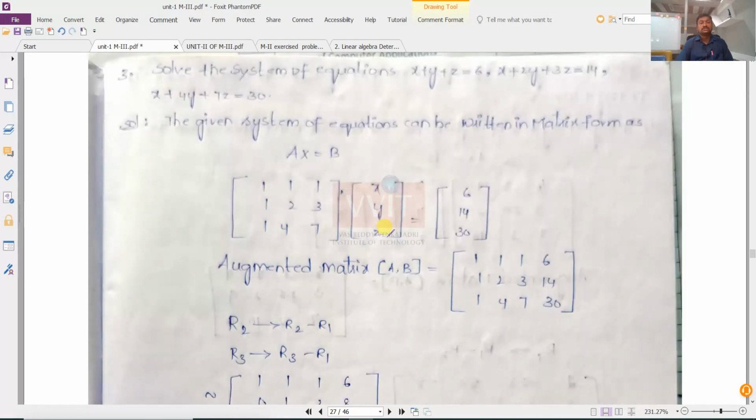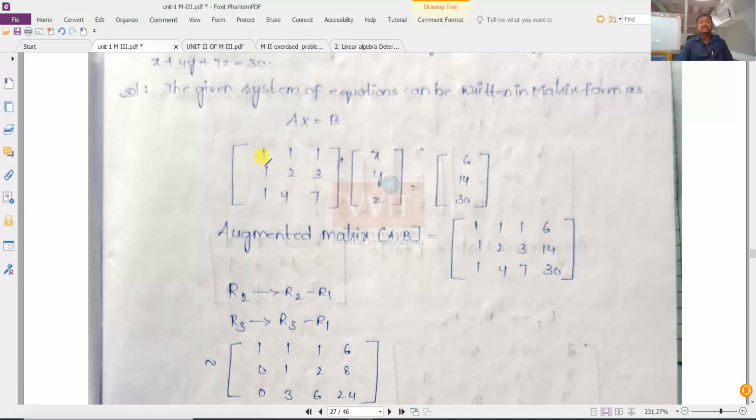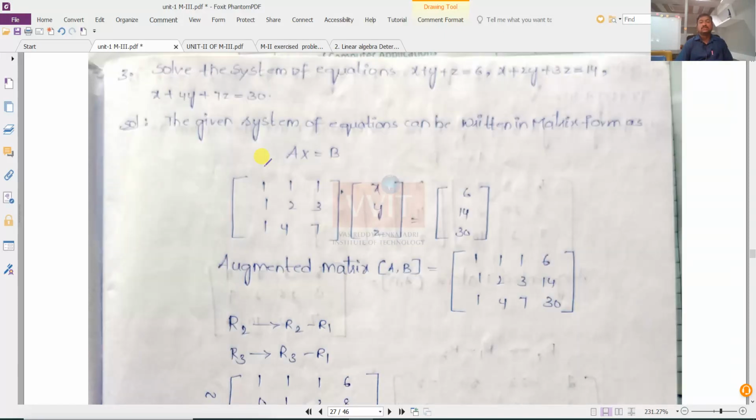See this. Solve the system of equations x plus y plus z equals 6, x plus 2y plus 3z equals 14, x plus 4y plus 7z equals 30.